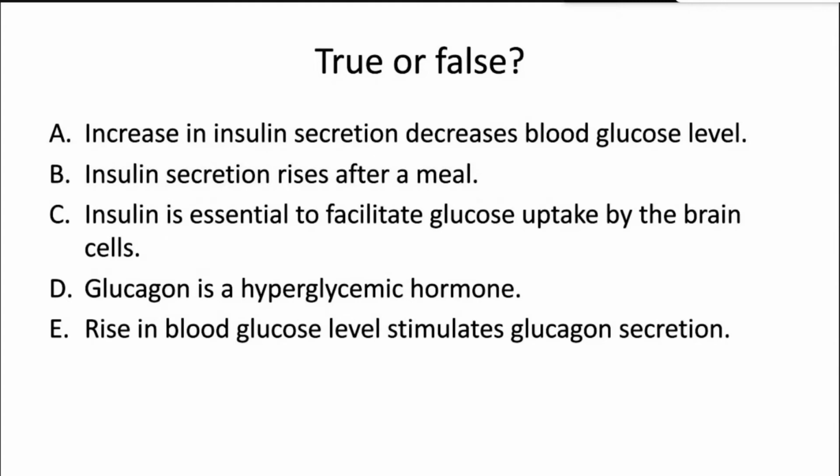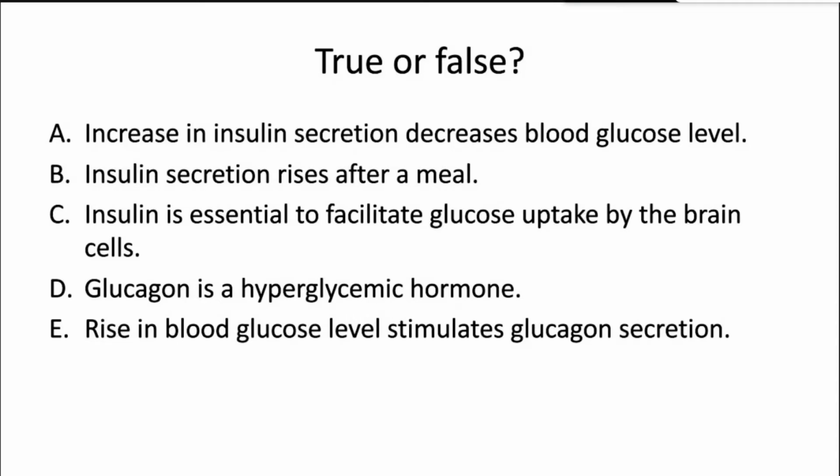Okay, what is the advantage of that independence of brain cells? Is there any advantage to that? Okay, good. Constant supply of glucose to the brain, even when there is insulin deficiency. Okay, can you elaborate it?